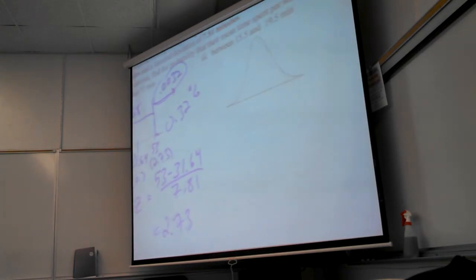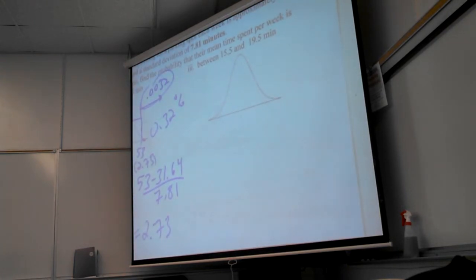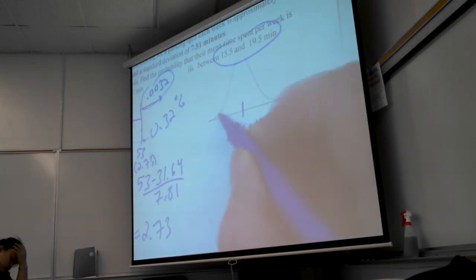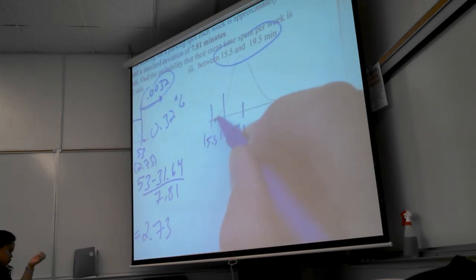And then this one is the one everybody tries to make the other ones into. This is when you finally find two areas and subtract them, right? So the middle is still 31.64. All the action for this one is happening down there, 15.5, 19.5. I want that area. So I want to convert each of these into a z-score.